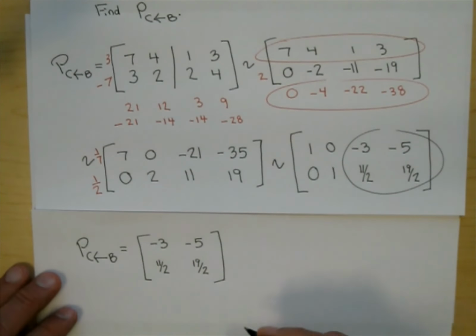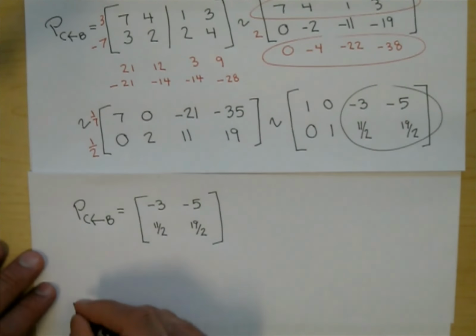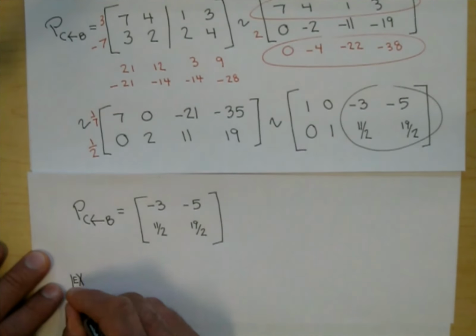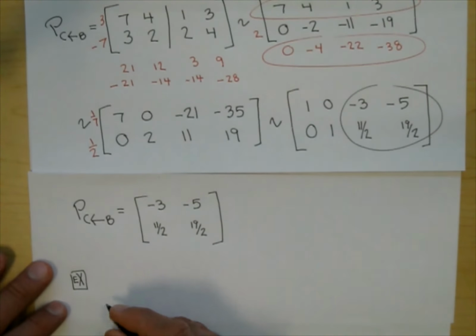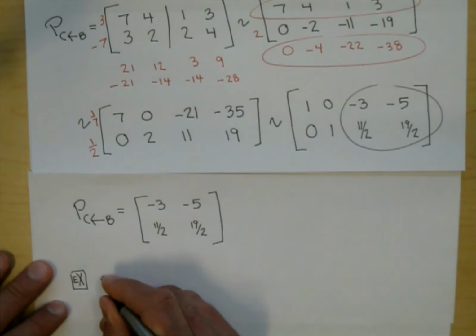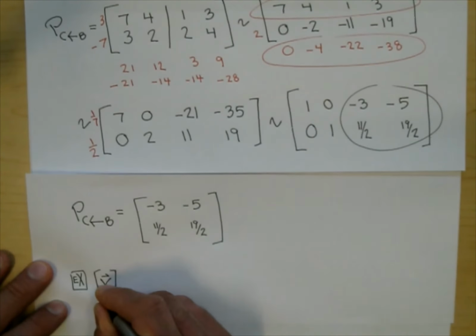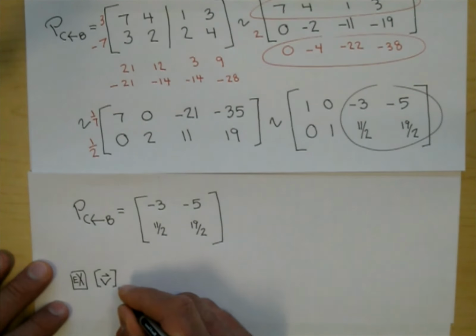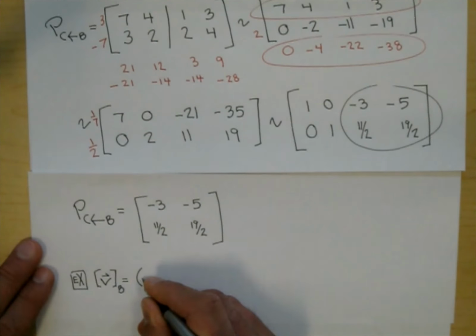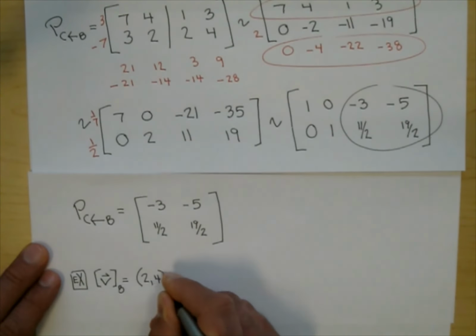Okay, so here's a follow-up question, example. Suppose you have a vector v, which is written in terms of world B. Okay, so this is the component vector. And let's say this vector is like 2, 4.